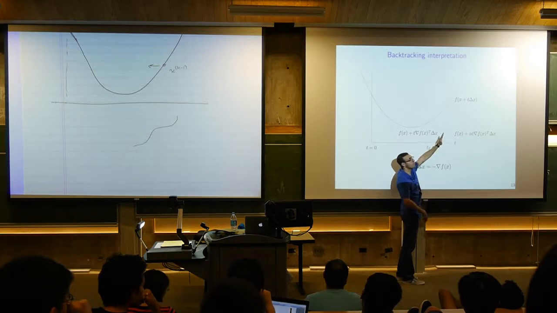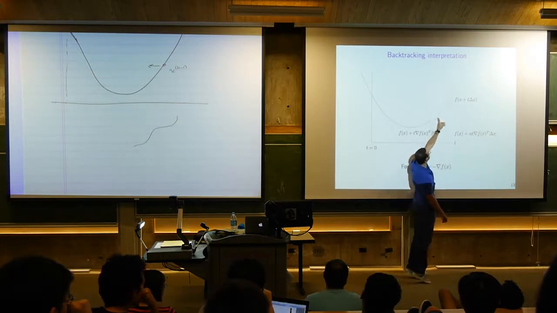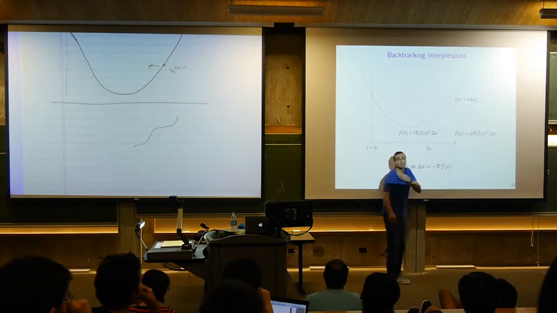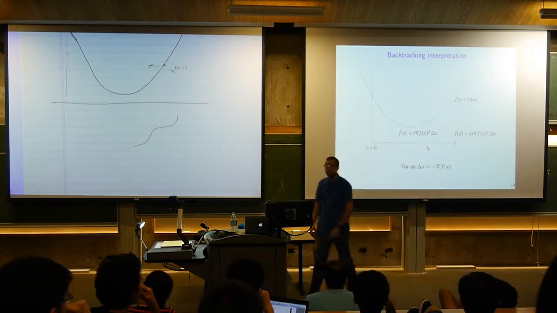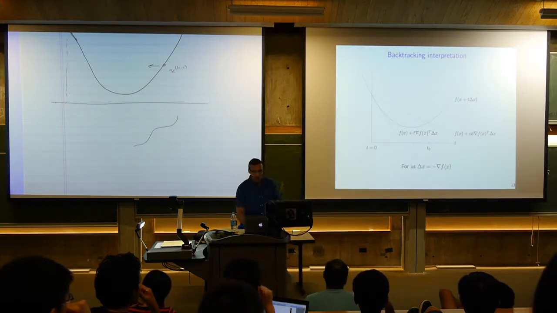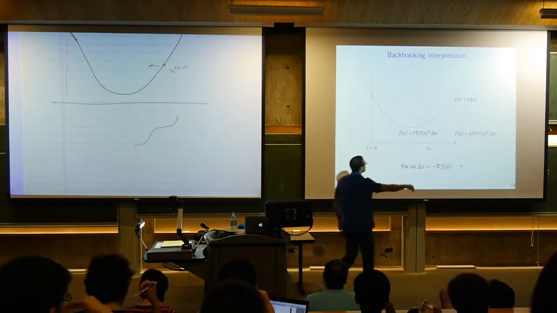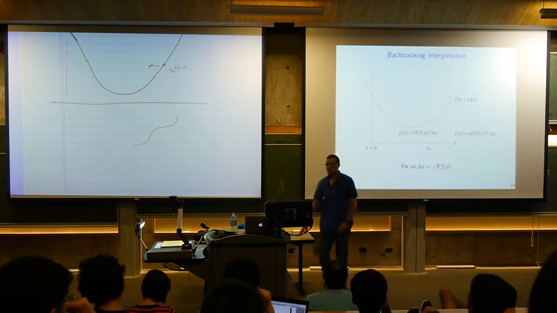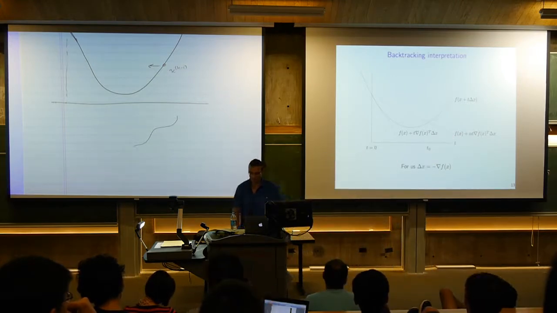So suppose we multiply by 0.9. That might put us here, and again we compare it to the linear approximation. It's still too big. Multiply by 0.9 again, and maybe it gets us somewhere here. And then finally we've progressed an amount that's smaller than or equal to what we think we should be doing with respect to this linear approximation, and then we're going to take that step size.